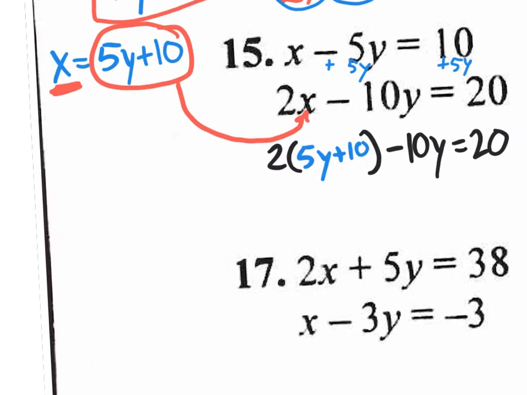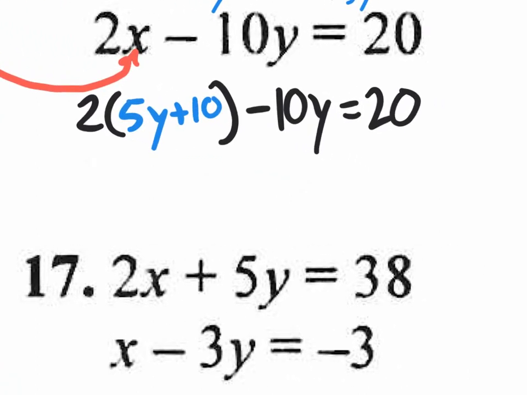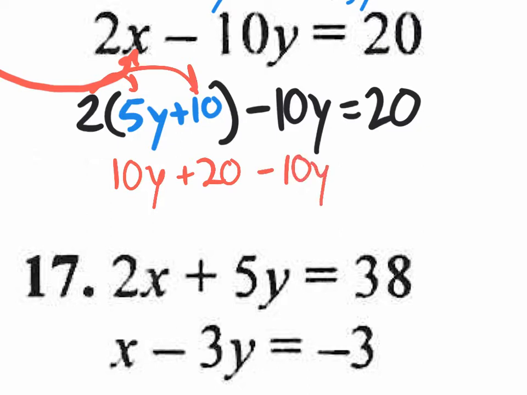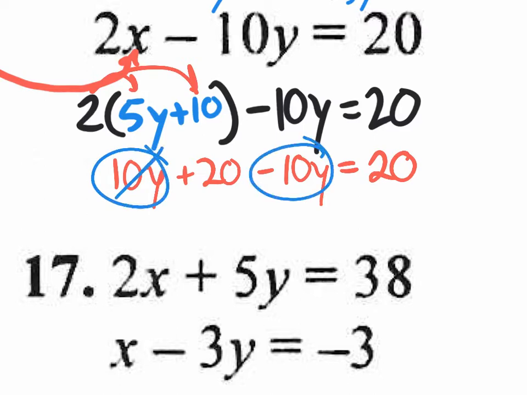Now I have a single variable equation that I could solve for. So 2 times 5y is 10y, 2 times 10 is positive 20. I'm going to bring down the minus 10y, bring down the equal sign, bring down the 20. On the left side, 10y, take away 10y, that cancels out, and I end up with 20 equals 20.